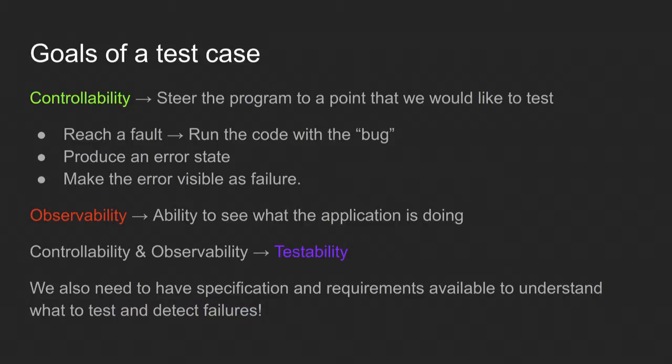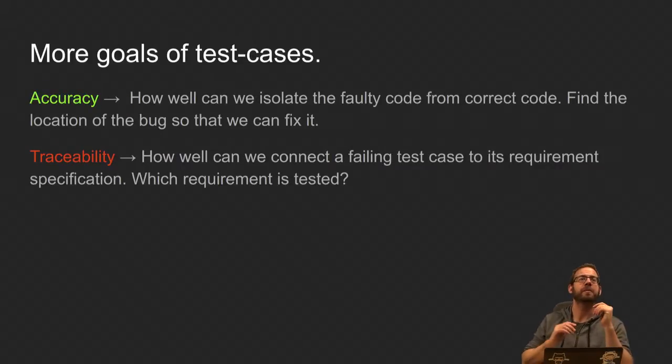That is a quality of our process and of our code. Finally, we also need knowledge of the requirements and the specification to understand what to test, and to know the difference between a -1 and a 7 in the case of add.